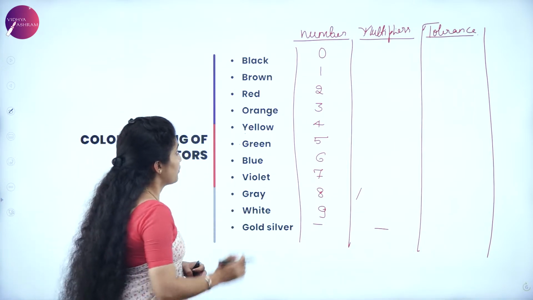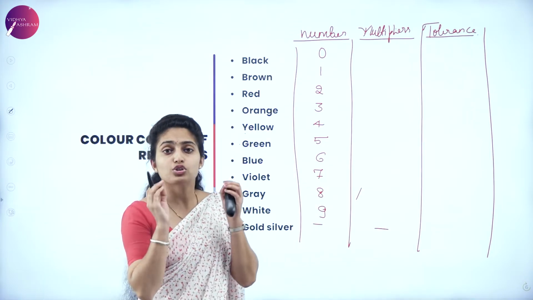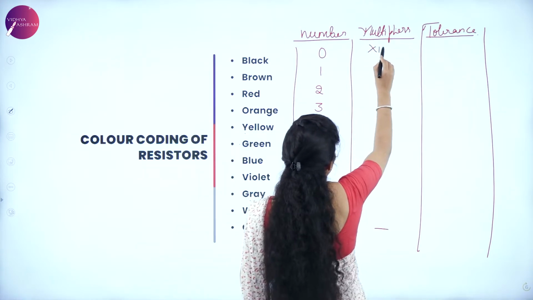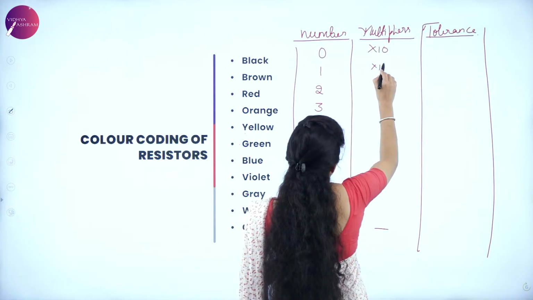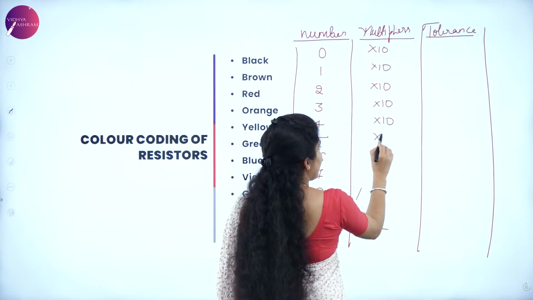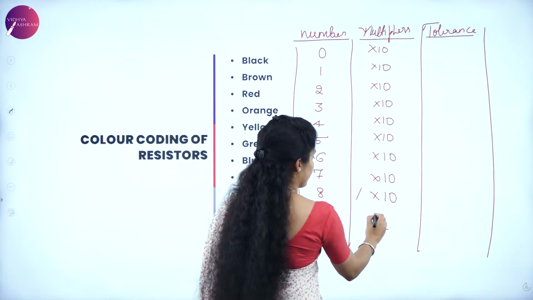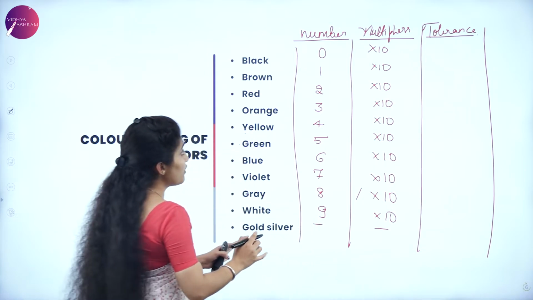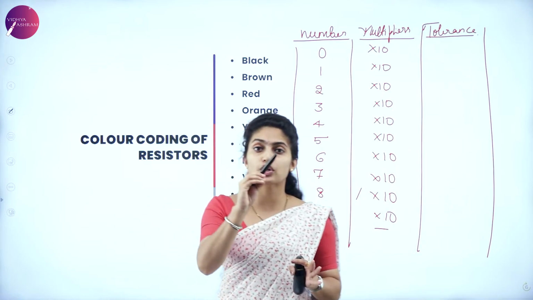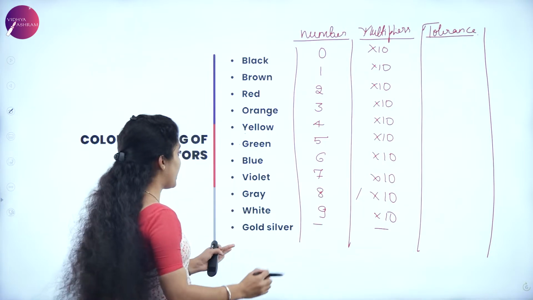Now, coming to the multipliers. How do you give the multipliers? Everything is a power of 10, that is into 10 to the power of something. Everything you are supposed to fill with into 10. So now we have the multipliers as into 10, and we have to substitute the powers for each of them.